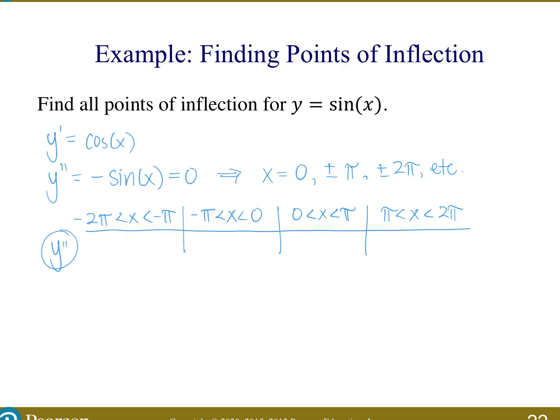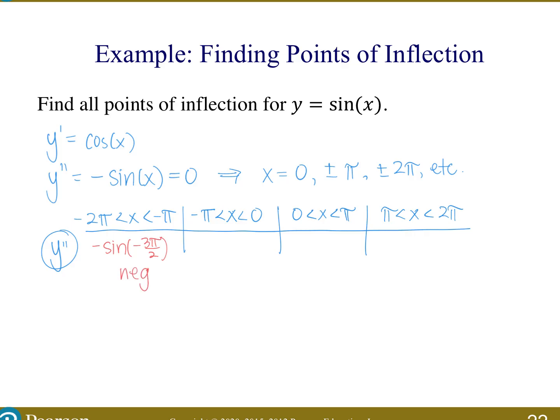So I'm going to pick negative 3 pi over 2. I want to know, what is the negative sine of negative 3 pi over 2. This is a negative number.